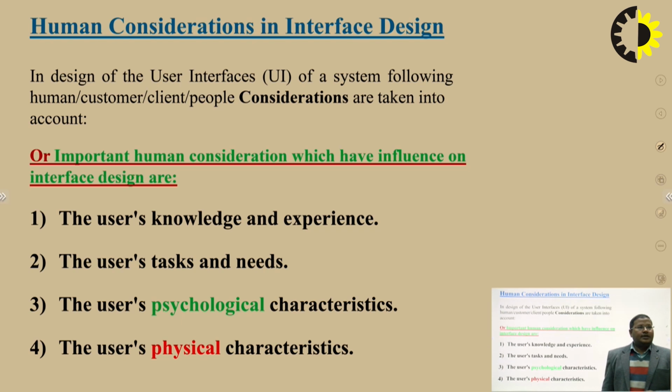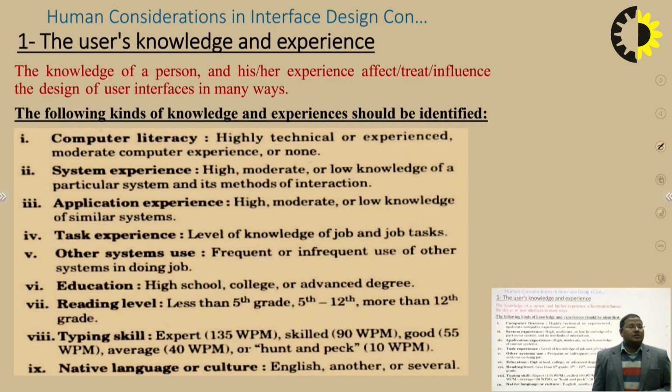Or we can say important human characteristics which have influence on the interface design are: the first human consideration is the user's knowledge, how much knowledge the user has and how much experience he or she has. The user tasks: what are the tasks performed by the user and what are their needs? The user psychological characteristics. It is a very important point. The user physical characteristics. I will discuss one by one in the next slide.